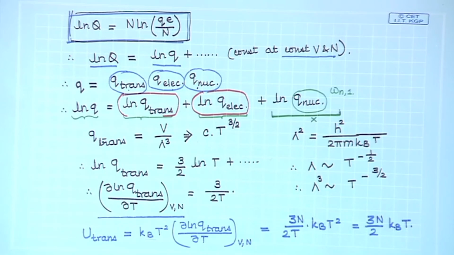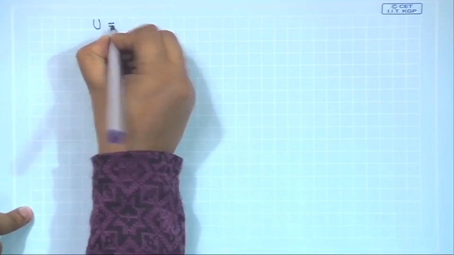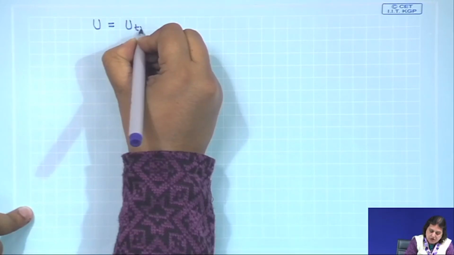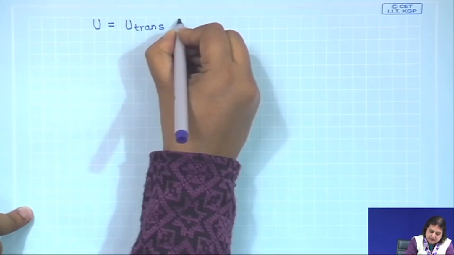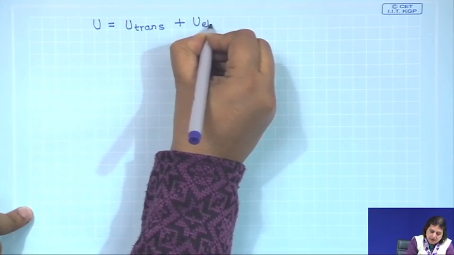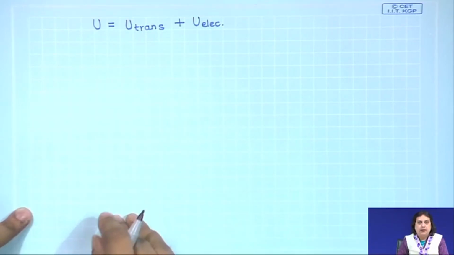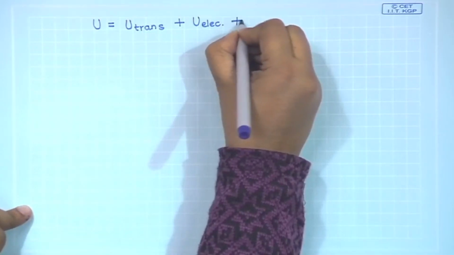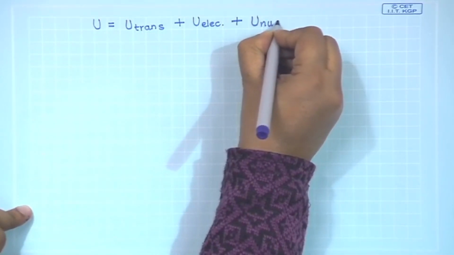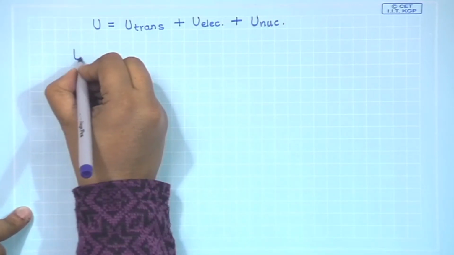Okay. So, now what I have here is this interesting observation that in my overall U, I have contribution from U trans plus U electronic, and also if possible U nuclear. So, what is U trans?